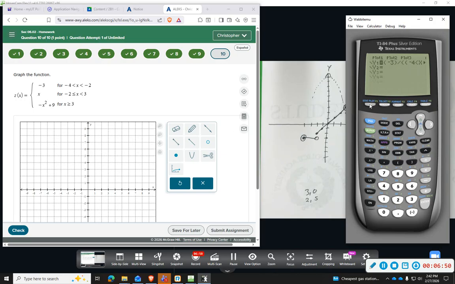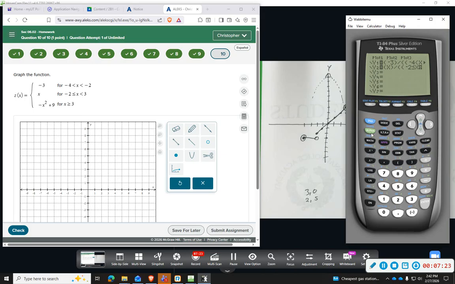I'm going to go back to y equal, go to y2, and now I'm going to graph this section. So in parentheses, we're going to do x divided by, and then double open parentheses, we're going to do -2 second math is less than or equal to, so -2 less than or equal to x.